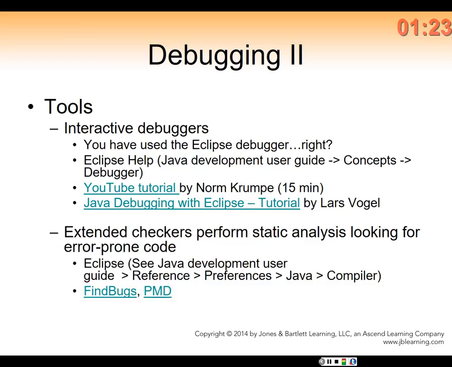What's good about the debugger? It does everything that log4j and System.out would do for you. You can stop execution at any point by dropping a breakpoint, and you can examine the state of the computation, meaning the state of your variables and what's in them.